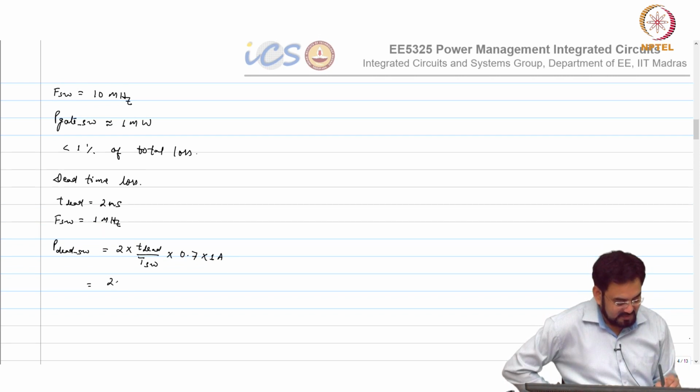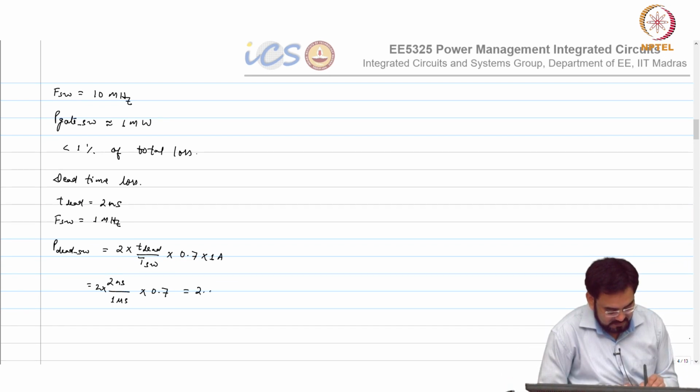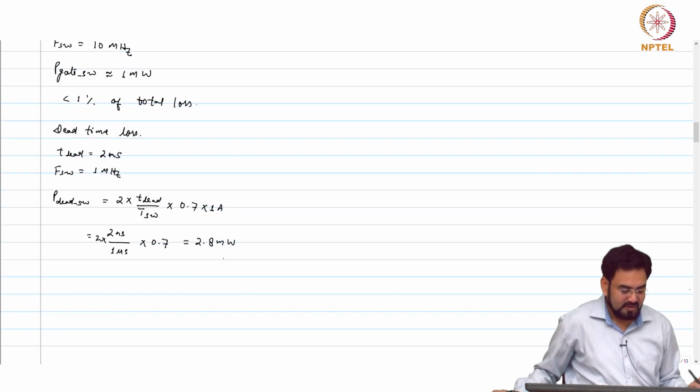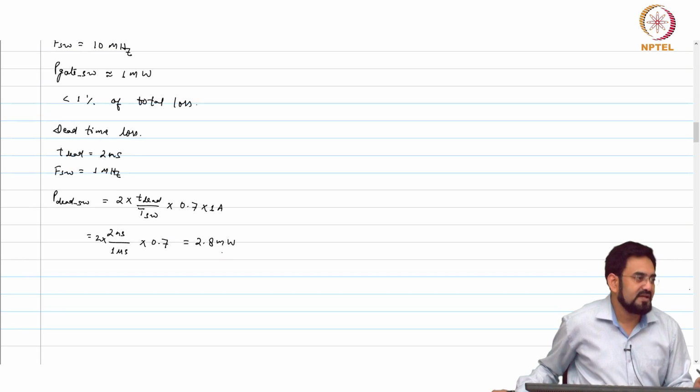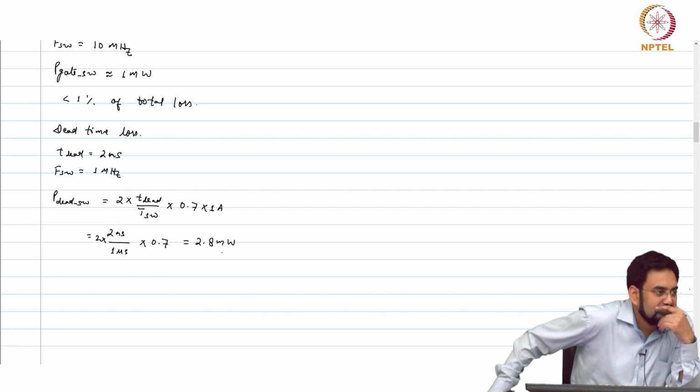So, T dead is 2 nanosecond, twice divided by, this will become 1 microsecond, into 0.7. How much is this? So, if you keep the same dead time at 10 megahertz, that will be 28 milliwatt, which is very high.